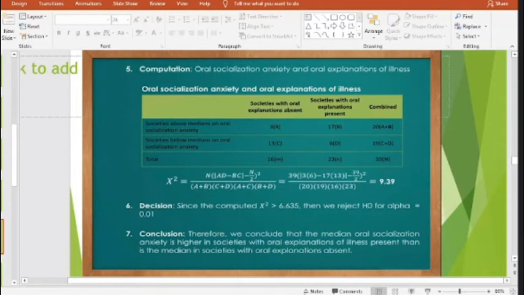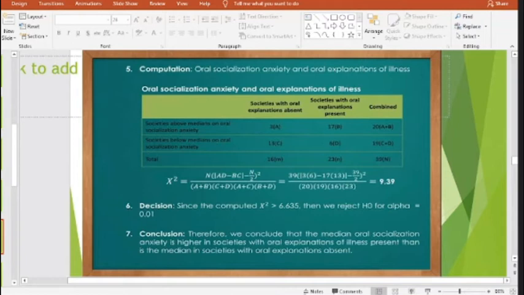Conclusion: therefore, we conclude that the median oral socialization anxiety is higher in societies with oral explanations of illness present than the median in societies with oral explanations absent.